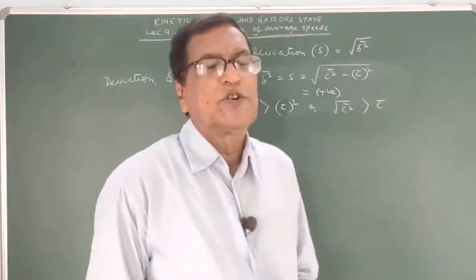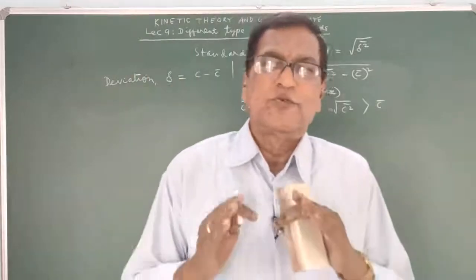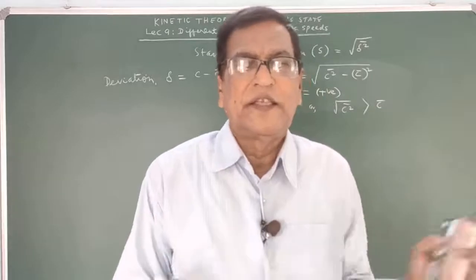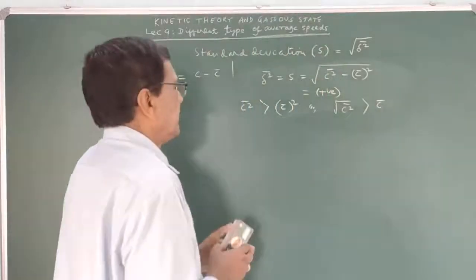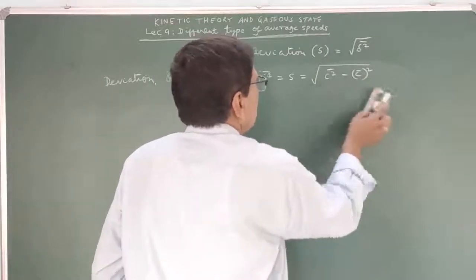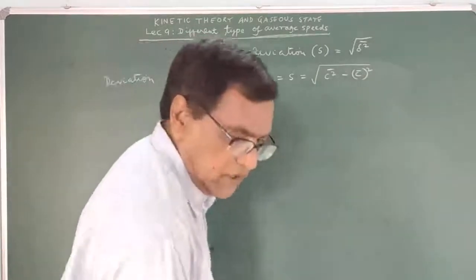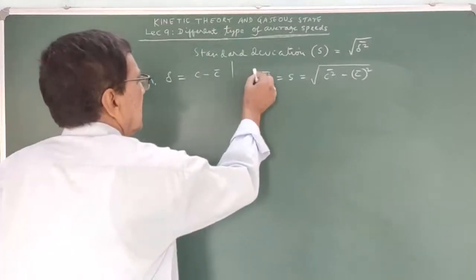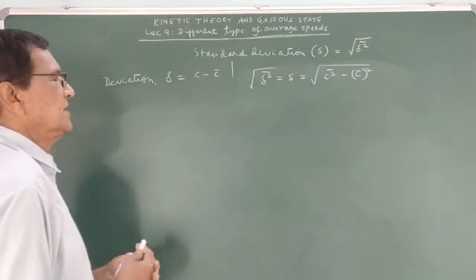This way you can also show that RMS speed is greater than the average speed. If you try to calculate the value of standard deviation, it is the root over.